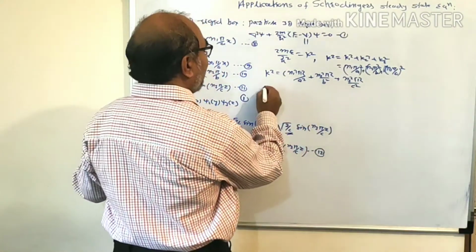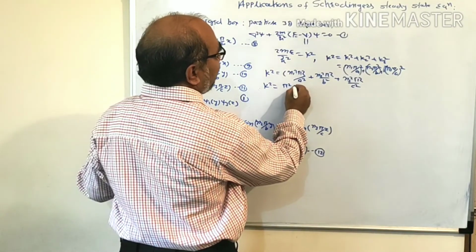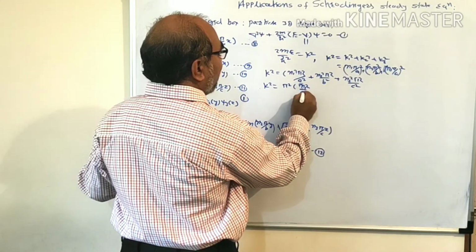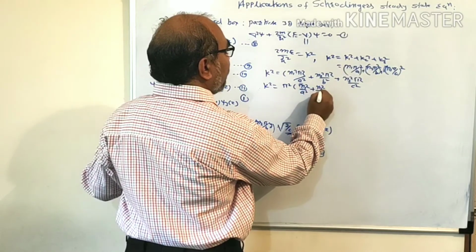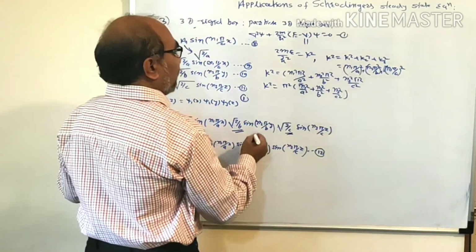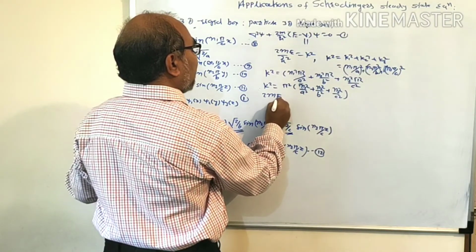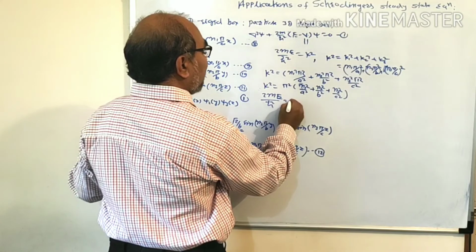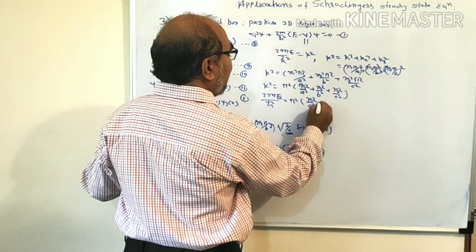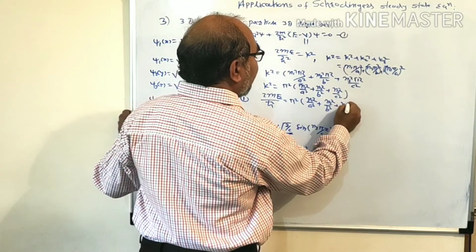Taking pi square common, k square is equal to pi square into bracket n1 square by a square plus n2 square by b square plus n3 square by c square. Since k square is nothing but 2mE by h bar square, this is equal to pi square into bracket n1 square by a square plus n2 square by b square plus n3 square by c square.